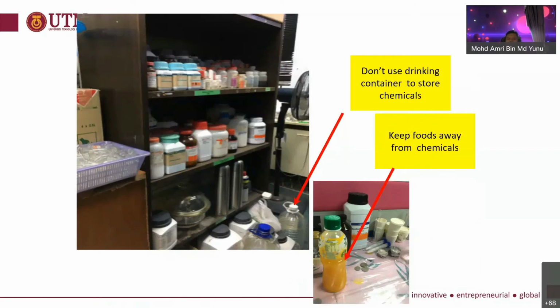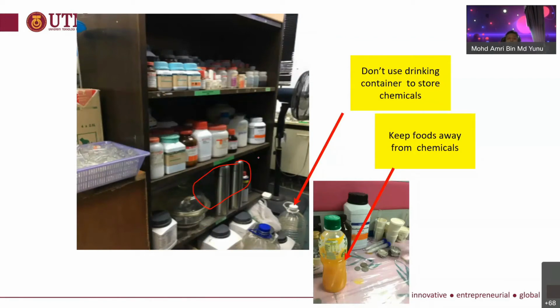And then also use proper types of containers. Like here, do not use drinking or food containers. See here, there's a thermos. Even if there is a thermos, you don't use a thermos.